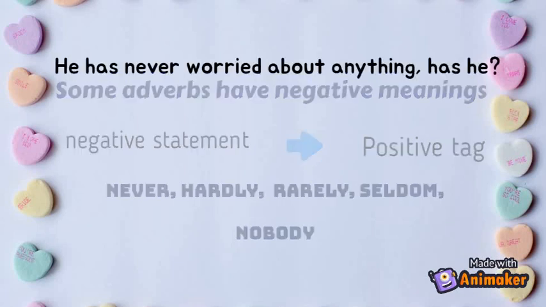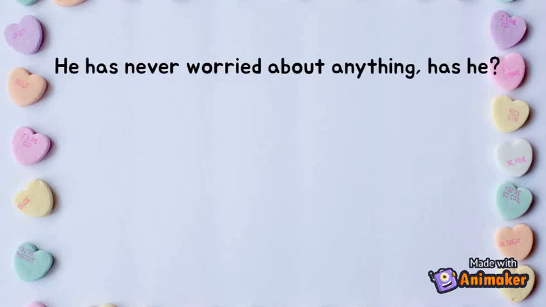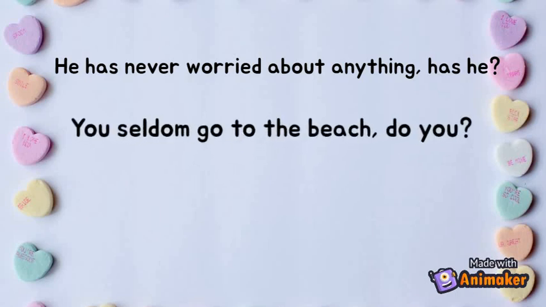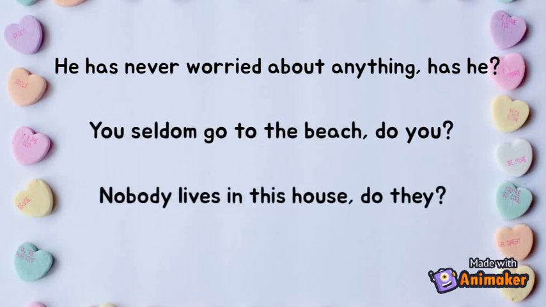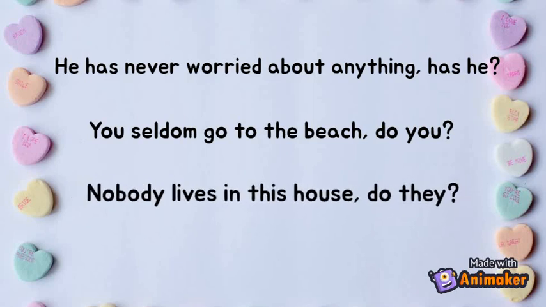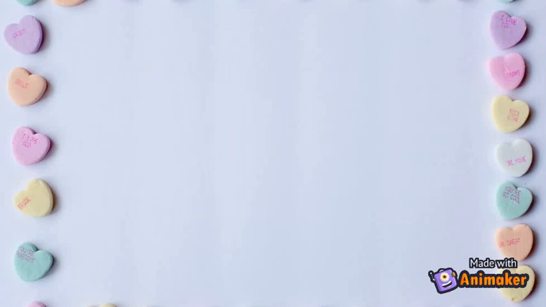So he has never worried about anything, has he? You seldom go to the beach, do you? Nobody lives in this house, do they? So we can summarize. If there is a positive sentence with negative statement, we have to use positive question tag. They are hardly aware of this, are they?